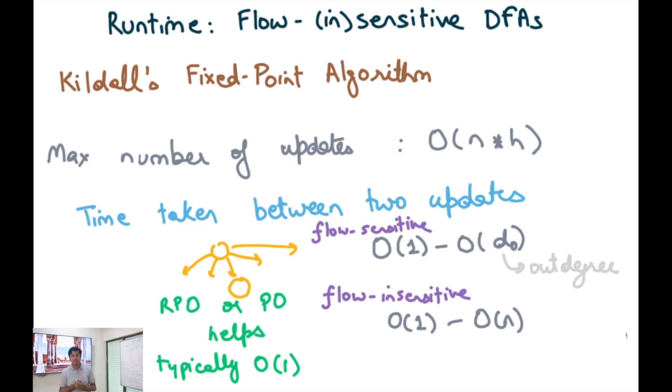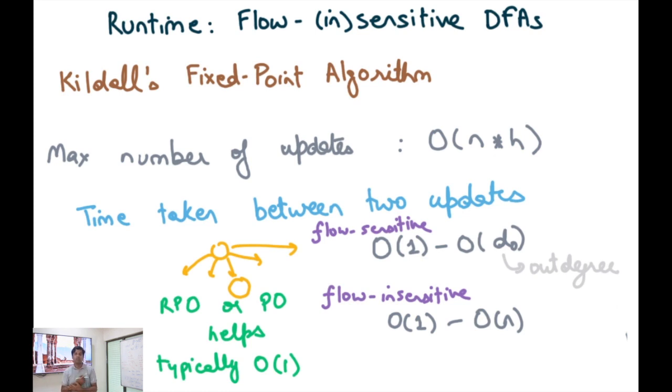And this is done because we don't know which other instruction in the program may be using the value which has been changed in this particular step of the DFA. And so in the flow insensitive case, the maximum distance between 2 updates can be again order 1 if we are lucky, or it could be as high as order n, which is the size of the program, because when something changes in a flow insensitive algorithm, we add all the edges or all the instructions as part of the work list.